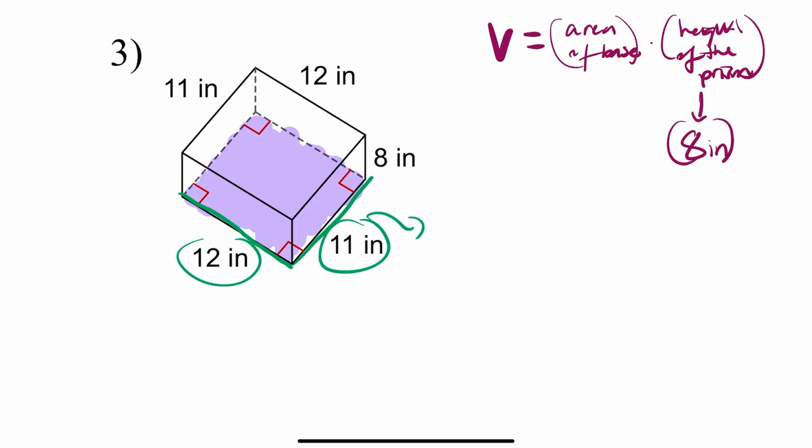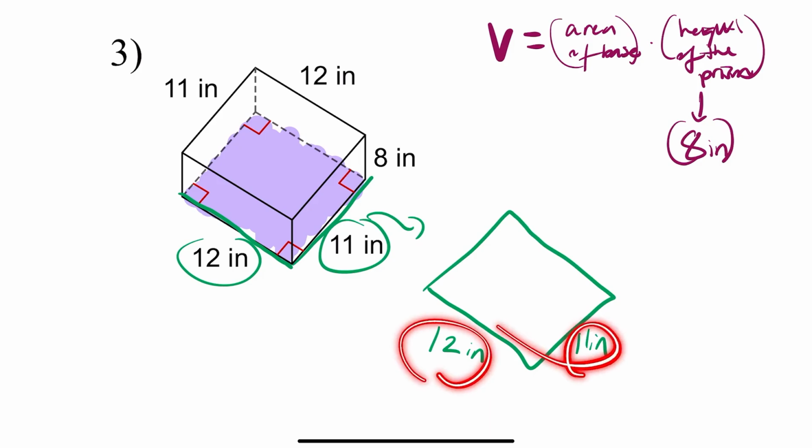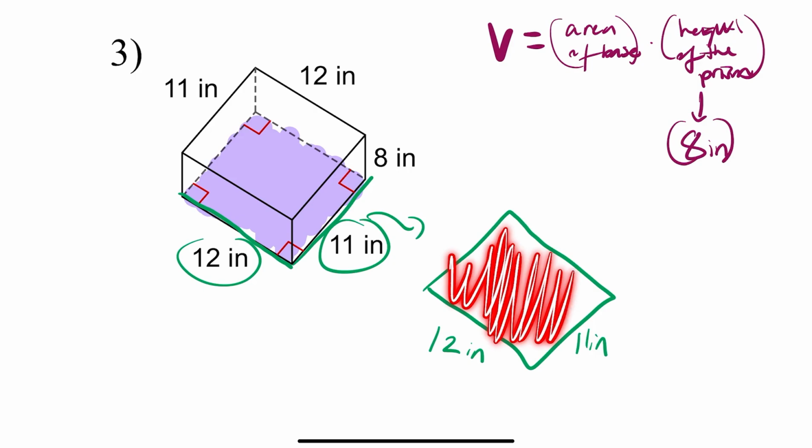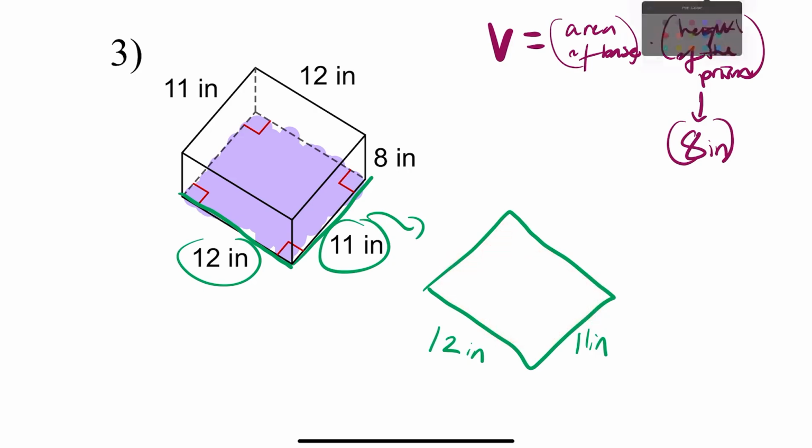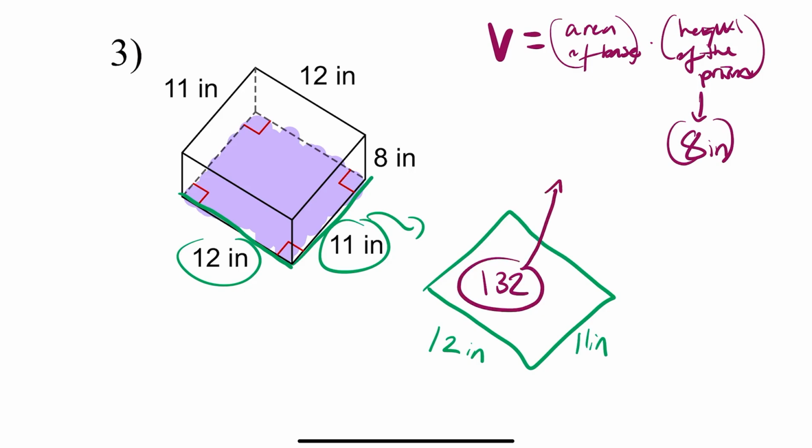And if it helps, like I said, draw it out for yourself one more time. So we got 12 and we got 11. To find area, you multiply the two. And so the area of that flat surface is going to be 132. And so I'm going to bring that up here.